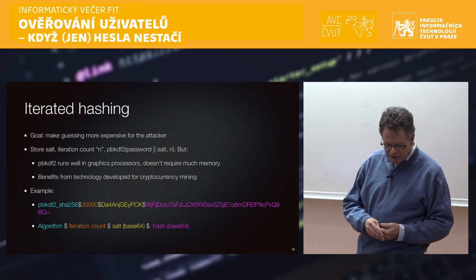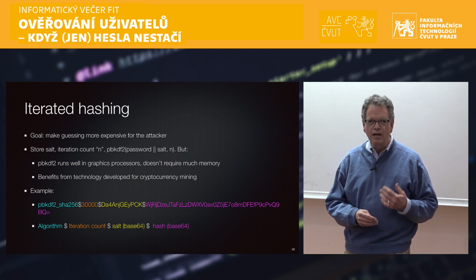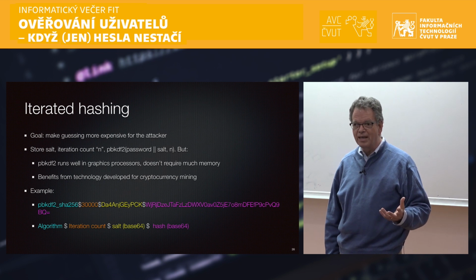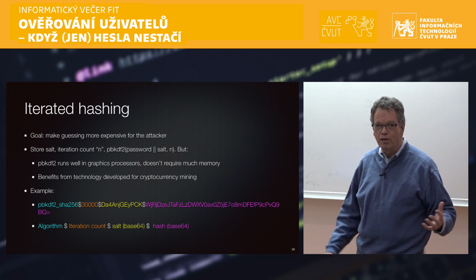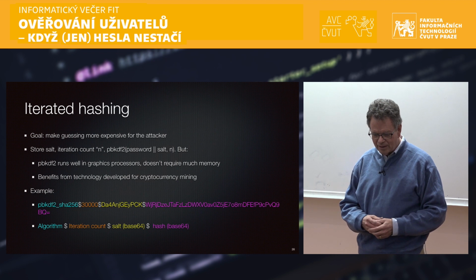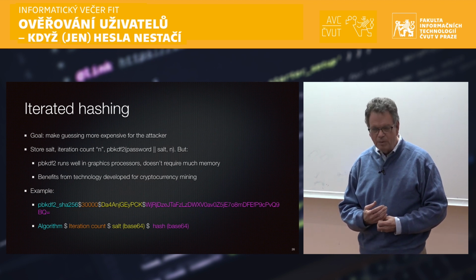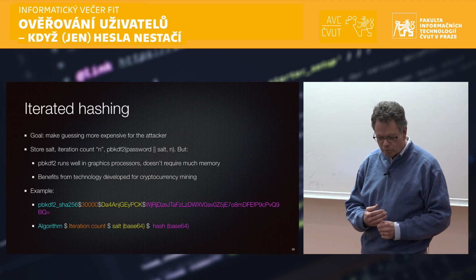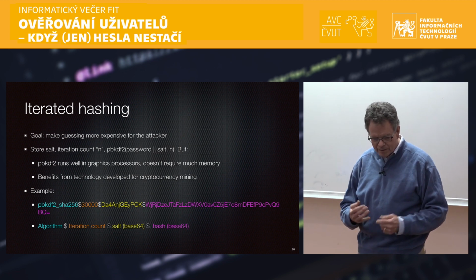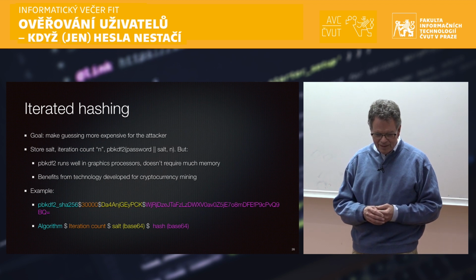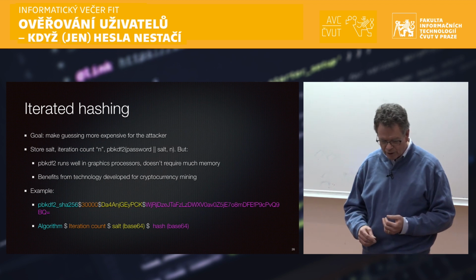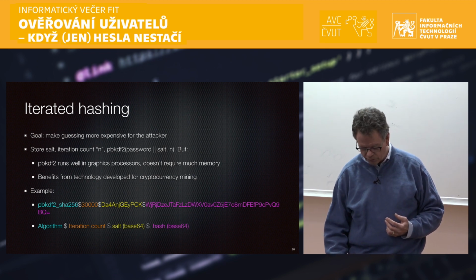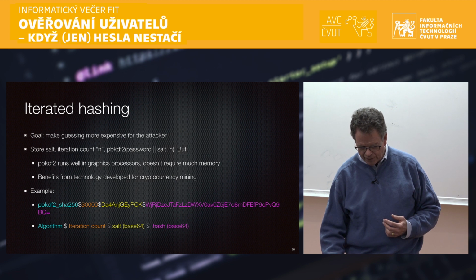But the difficulty here is that there's an awful lot of technology that's been developed for cryptocurrency mining, for Bitcoin mining and so forth. Hardware has been made to do hashing very quickly for that application. And so even that isn't quite good enough. They use things like graphics processors and so forth to defeat that.